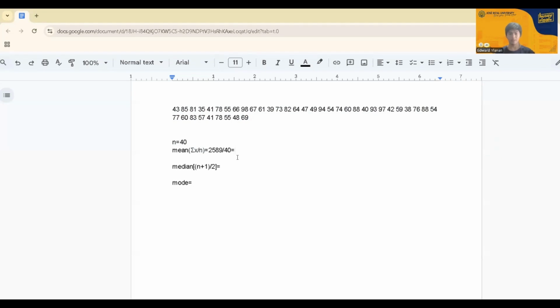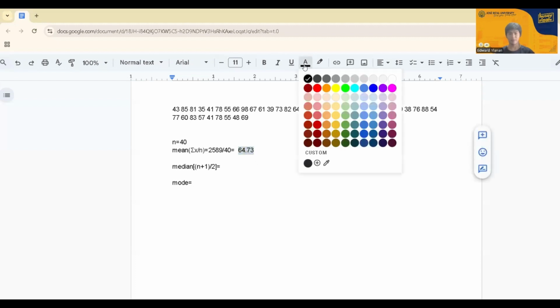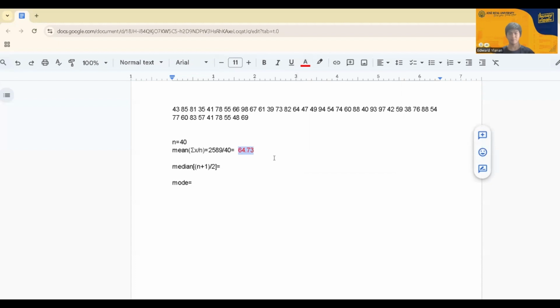Total is 64.73. And this is our mean, 64.73.